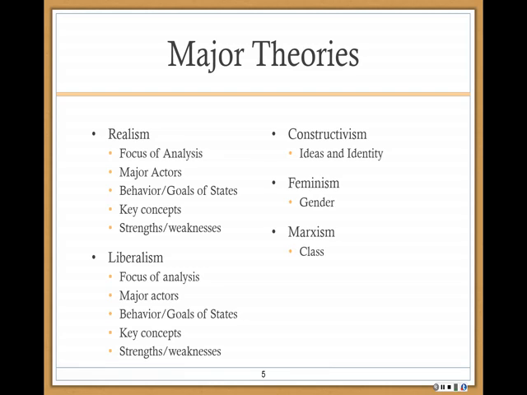All right, well, what about liberalism? The focus of liberalism is enhancing global political and economic cooperation. So liberalism has a strong economic component. The major actors are not only states, but NGOs, IGOs, and multinational corporations, for example. Liberals argue that states are not always rational actors. They might engage in activity that may not seem rational, but it helps provide a compromise to help overcome the security dilemma.